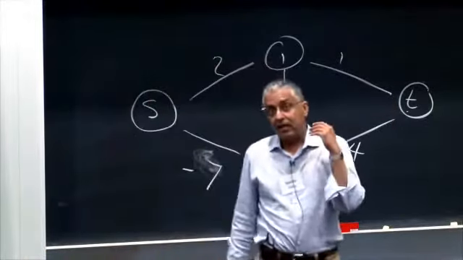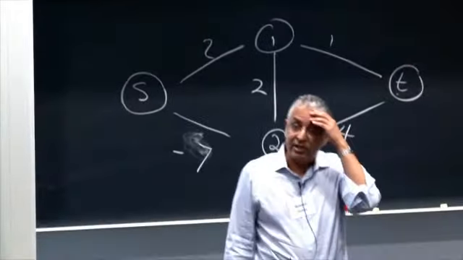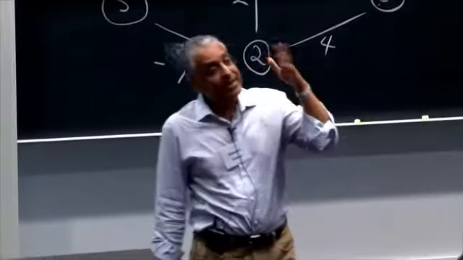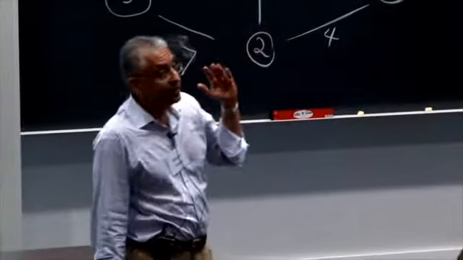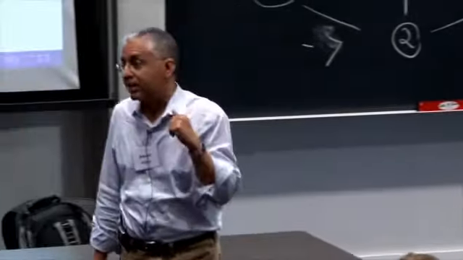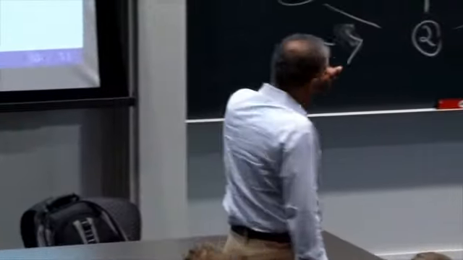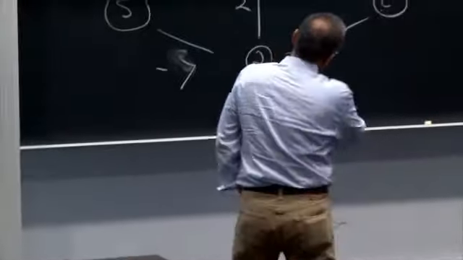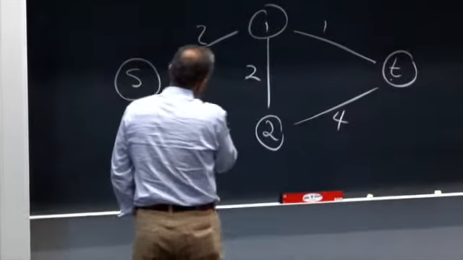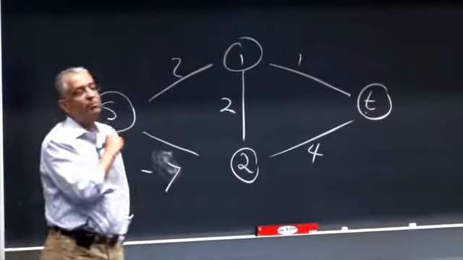In other words, the linear program would have an unbounded objective function value. For any number you pick, as small as you like, there is a solution which yields an objective function value smaller than that. Does that make sense? Okay. So if there are negative cycles in this problem, then the objective function value is unbounded from below.